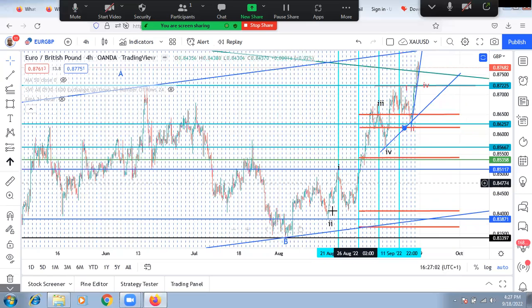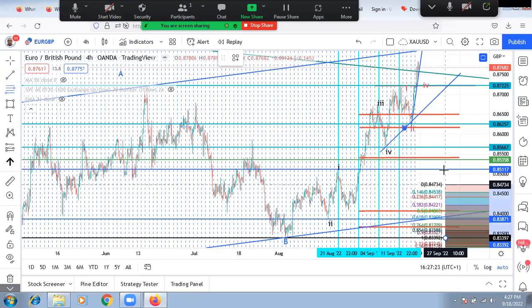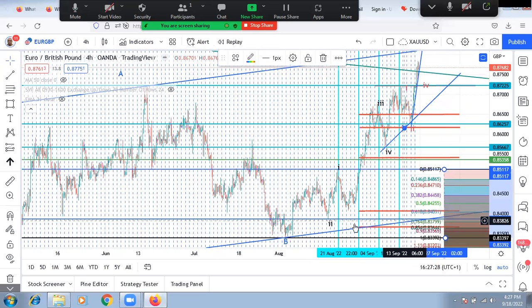So a 2, and just like I did for Euro USD, the extension here stalled at 61.8. If you take your tools and take it up to this point, it's exactly about 61.8, and you have that.